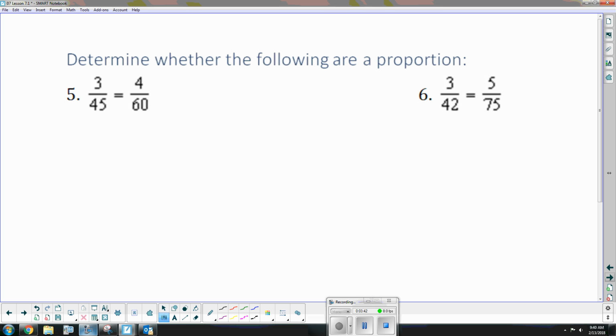Let's do number 5. We're going to reduce each ratio to simplest form. 3 to 45 is equivalent to 1 to 15. And then 4 to 60 is equivalent to 1 to 15. Those are two equivalent ratios. So yes, this is a proportion.